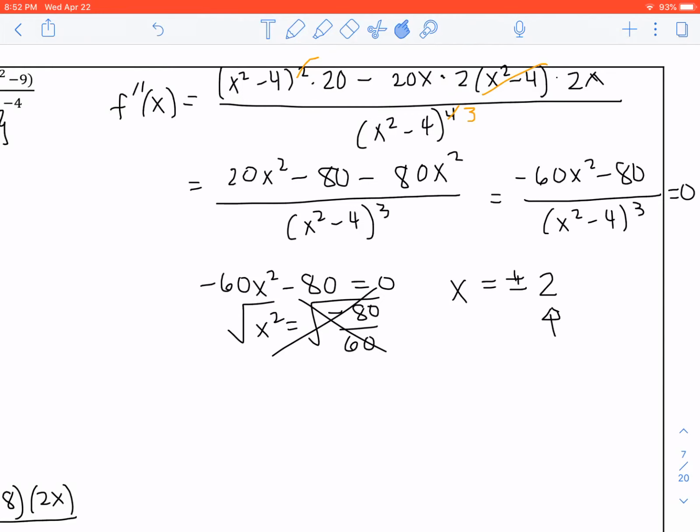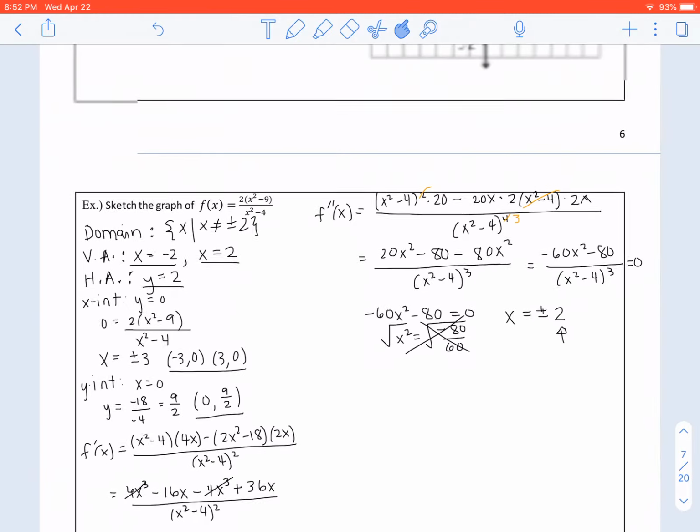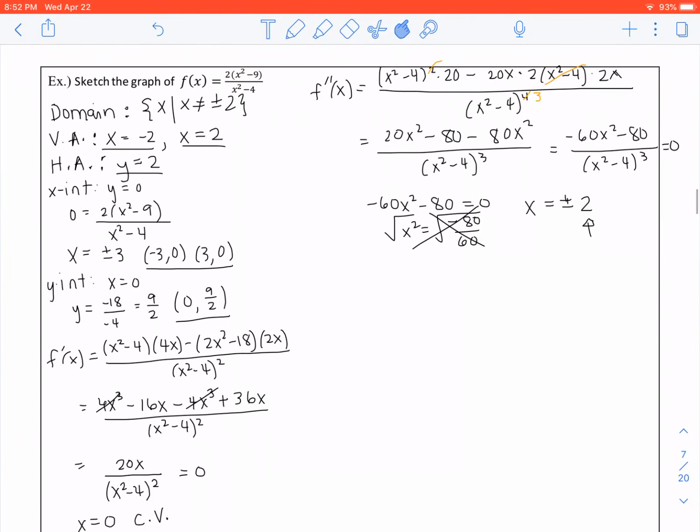So next thing that we have is we're going to go ahead and set up a single number line. And on our single number line, we're going to look at the first and the second derivative. So I'm going to go ahead and draw a number line here. I'm going to put in my critical values.